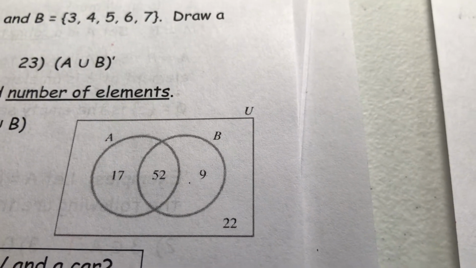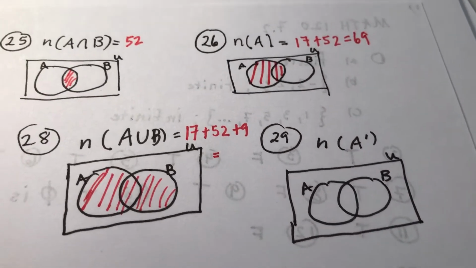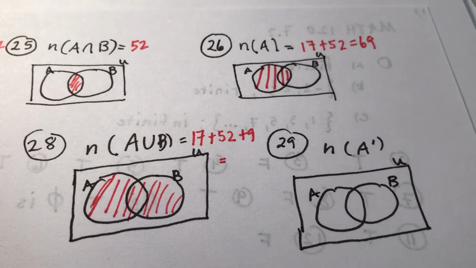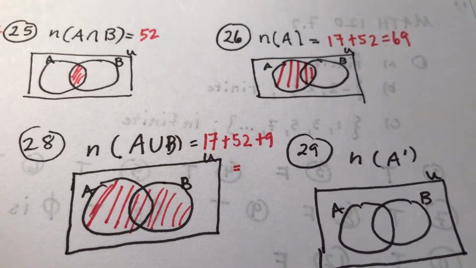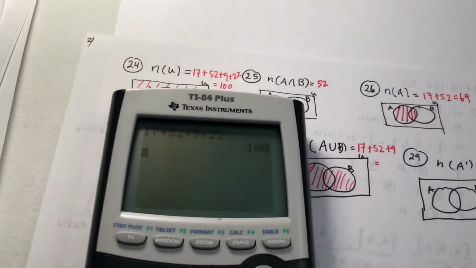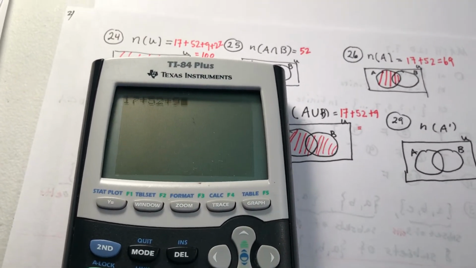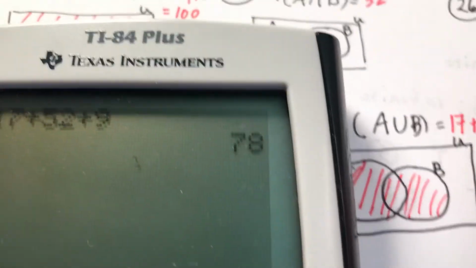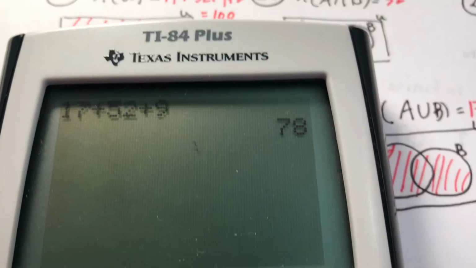And that gives me, what is that? 70 something? Let's see, 76, I believe. I better do it on the calculator. Let's see, 17 plus 52 plus 9 is 78. All right. Didn't want to make a mistake there.